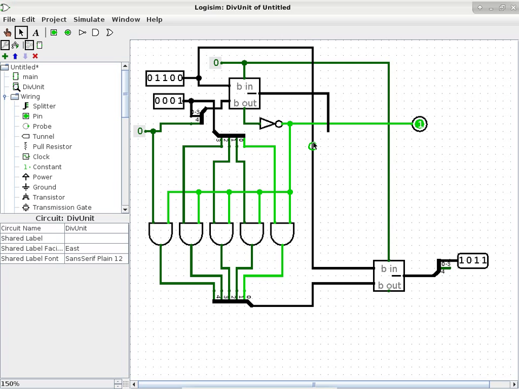This is the result of a subtraction, right? But it is always subtracting the divisor from the dividend. So I cannot put this one as the output directly because sometimes this output should be just the original, the first number, and not the version after the subtraction.